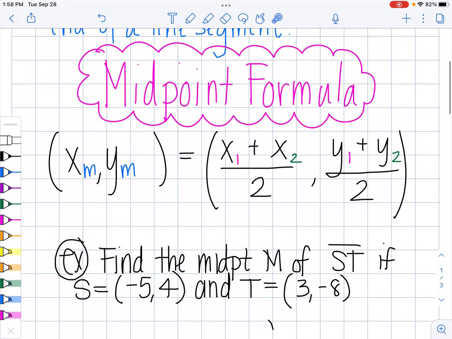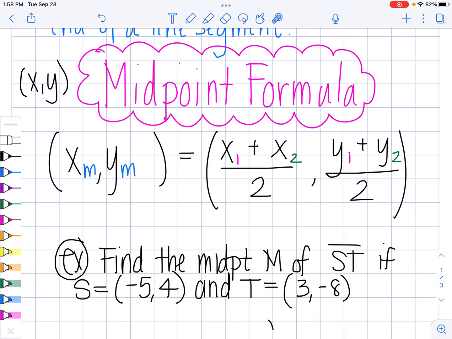So the midpoint formula says the following. First of all, know that the midpoint is given as an ordered pair. And remember, ordered pairs come as x, comma, y values. So the midpoint of my line, (xm, ym), this m stands for midpoint. So this says the x coordinate of my midpoint and the y coordinate of my midpoint.